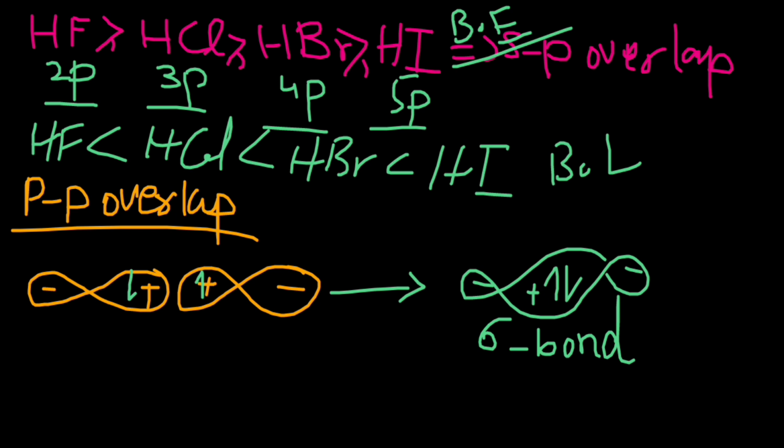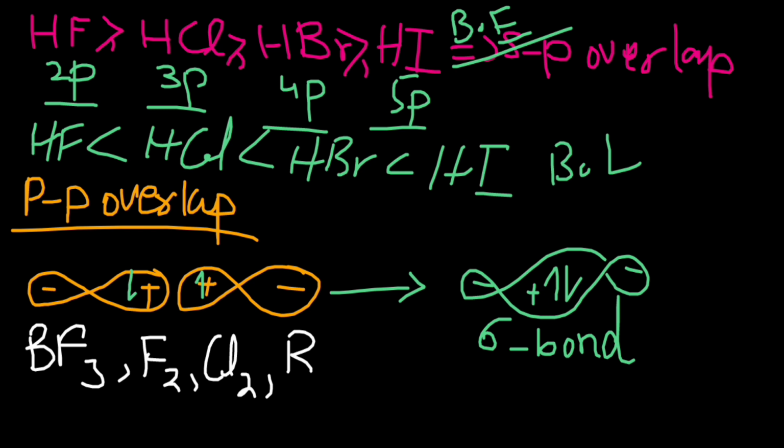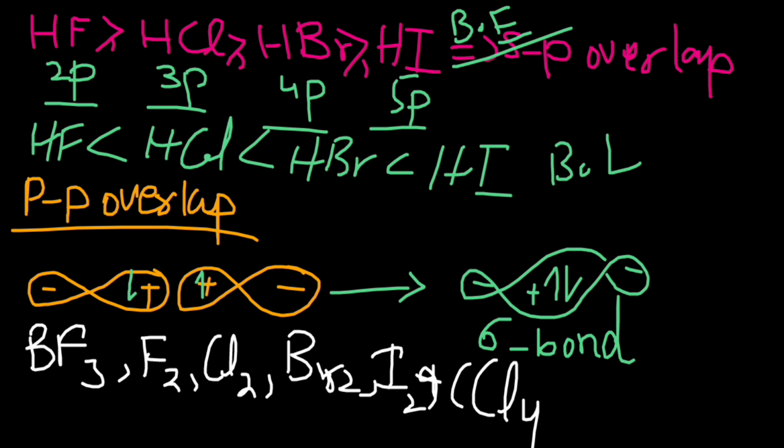This kind of overlapping is seen in boron trifluoride, fluorine, chlorine molecule, bromine molecule, iodine molecule, carbon tetrachloride. All of these molecules have pp overlap.